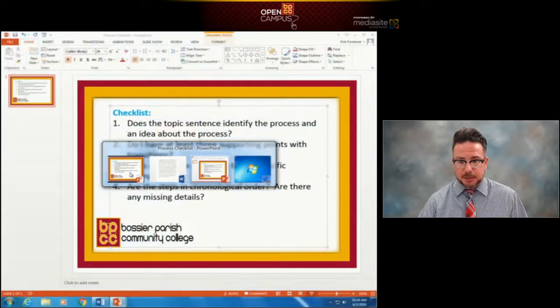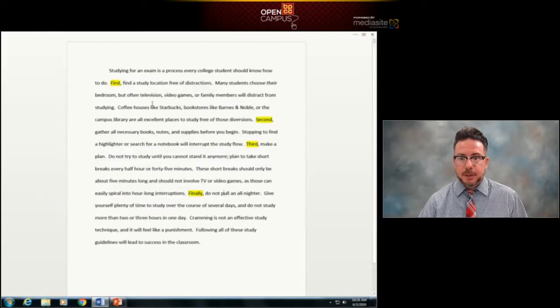Let's go take a look. All right, in the first point about a study location free of distraction, the next sentence says, many students choose their bedroom, which is a specific place, but often television, video games, or family members will distract. Well, those are good specific examples. Coffee houses like Starbucks, bookstores like Barnes & Noble, or the campus library are all excellent places to study free of distraction.